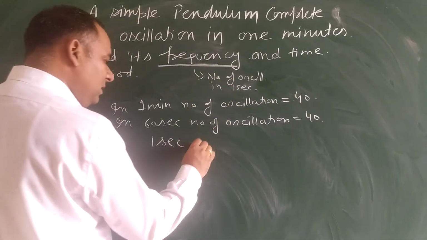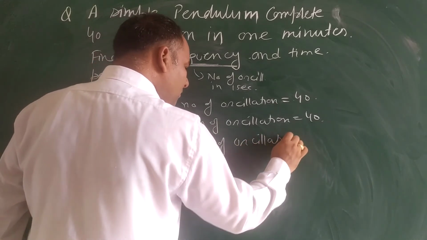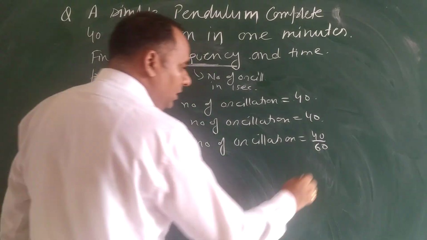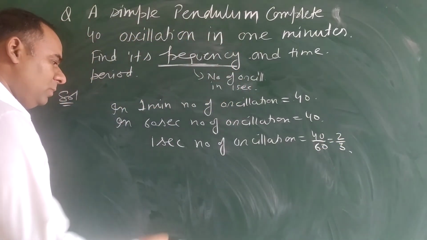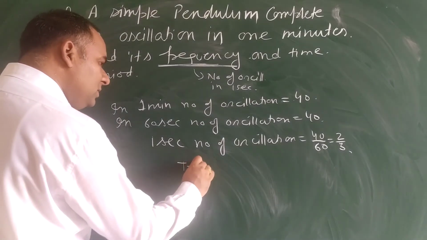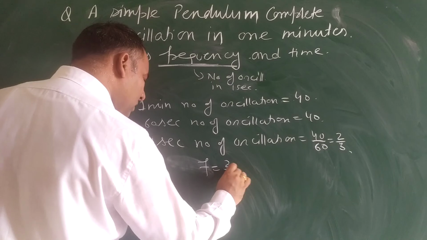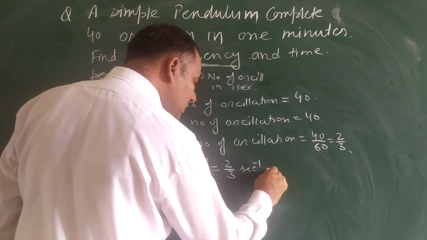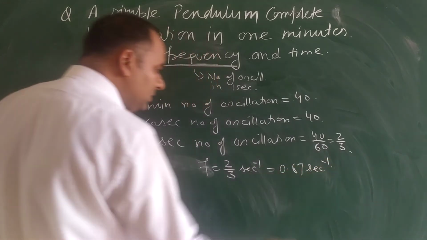So in 1 second, the number of oscillations is equal to 40 upon 60, and this becomes 2 upon 3. It means the frequency is equal to 2 upon 3 second inverse, or we can say 0.67 second inverse.